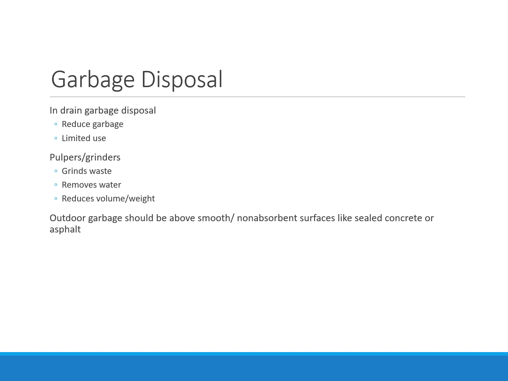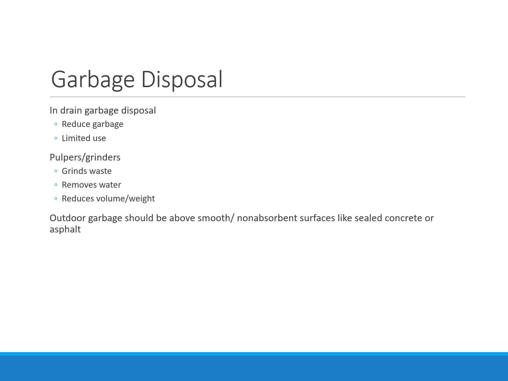A pulper or a grinder is a good alternative. This is a machine you can put your garbage in. And what it does is it essentially removes the liquid. And if you think about the fact that water weighs 8 pounds per gallon, if you're able to run a lot of food material through there and remove the water, the water can go down the sewer, no problem.